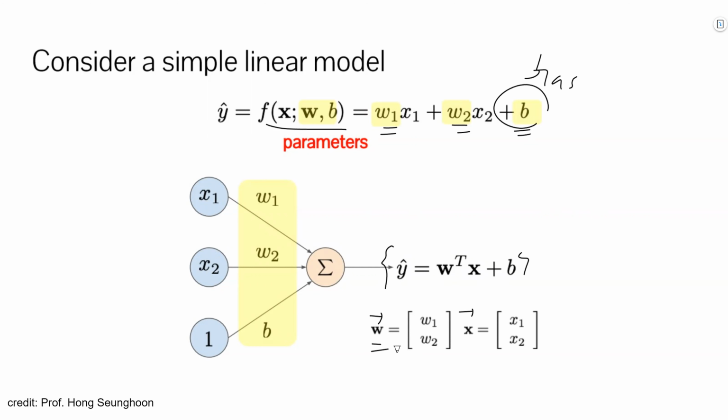And as you can see here, W and X have the same dimension, so as to allow a dot product between these two vectors. And we have a scalar bias.